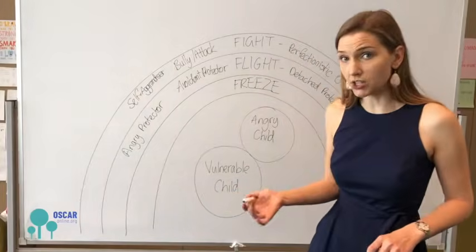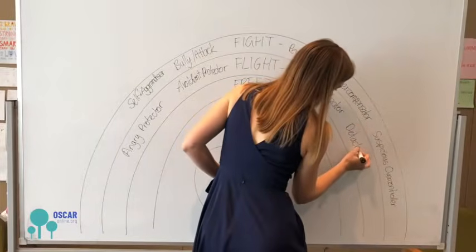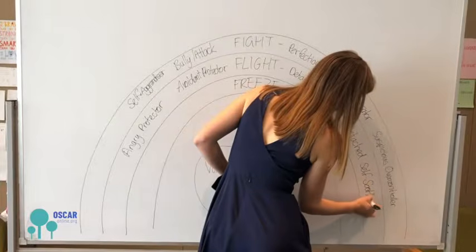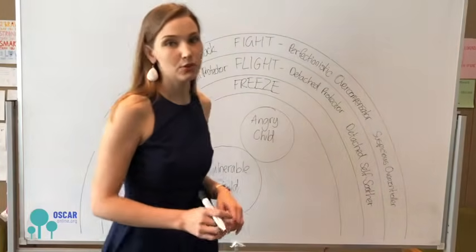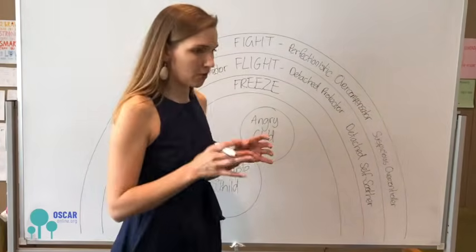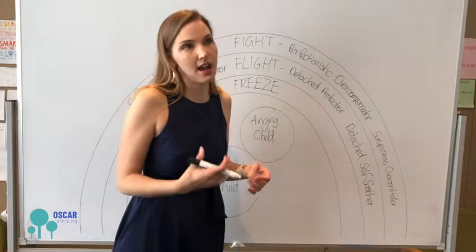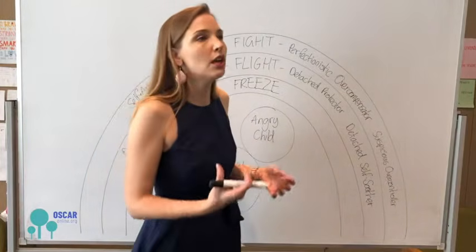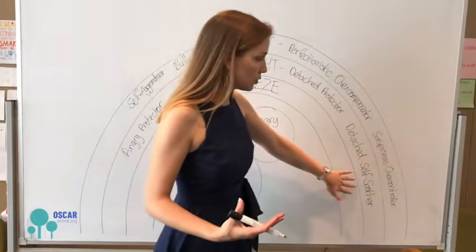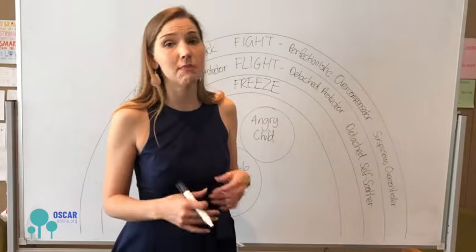And the final flight strategy we're going to talk about is the detached self-soother. This is a similar form of flight because it's around I don't want to feel my vulnerability. I don't want to feel the feelings that are intense or scary or overwhelming. So I'm going to do something to take those feelings away. So detached self-soother is where we see people engage in self-soothing behaviours that are going to be maladaptive.